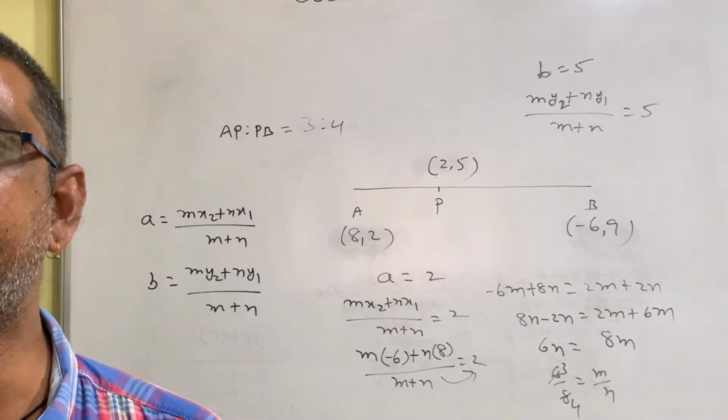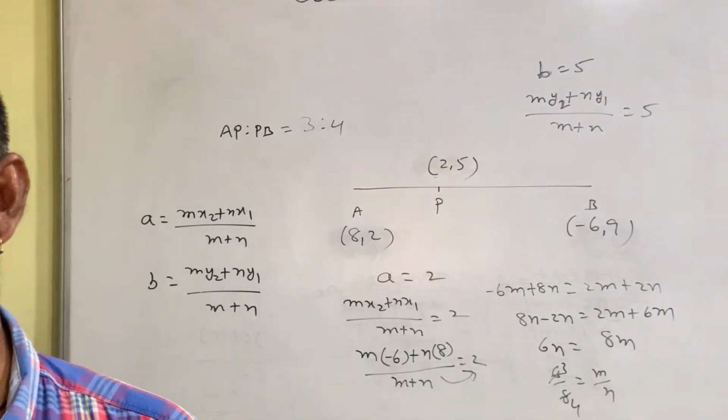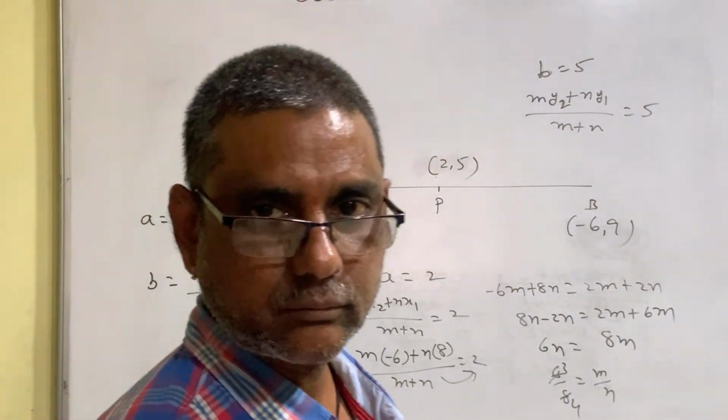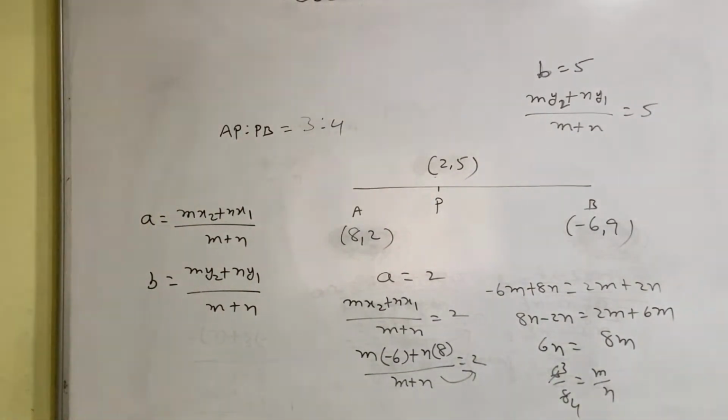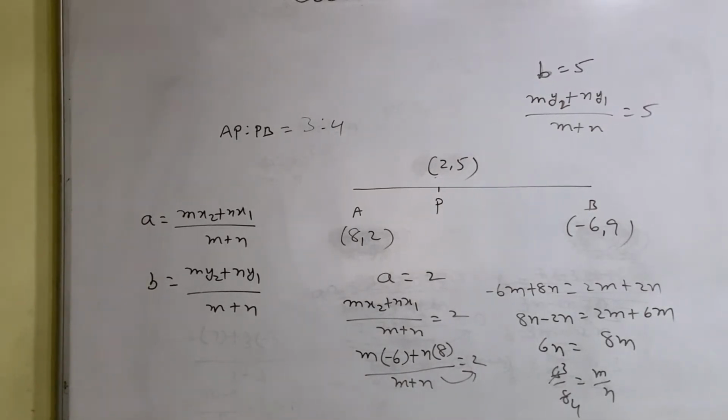So every time, is it necessary to use both the values or is one enough? One is enough. Very good. Only one value. See, either A or B, your wish. You can choose only one and find out the ratio. Is that understood, children? One is enough. Okay, good.